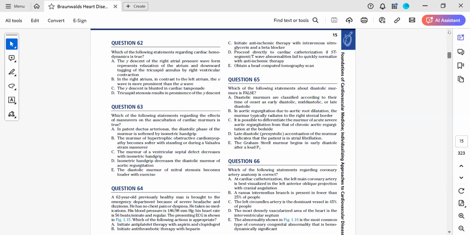D, proceed directly to cardiac catheterization if ST segment and T-wave abnormalities fail to quickly normalize with anti-ischemic therapy. E, obtain a head computed tomography scan. So the answer is likely option E.